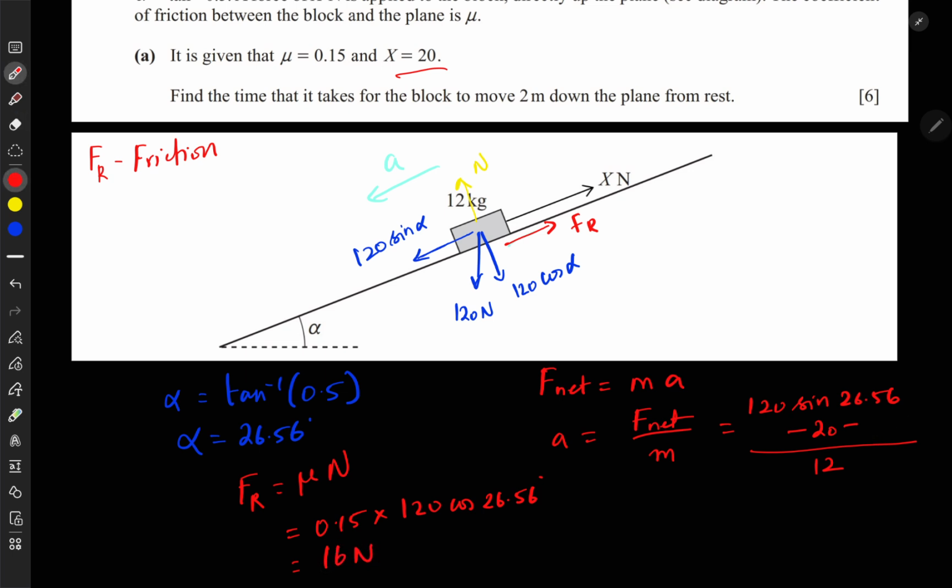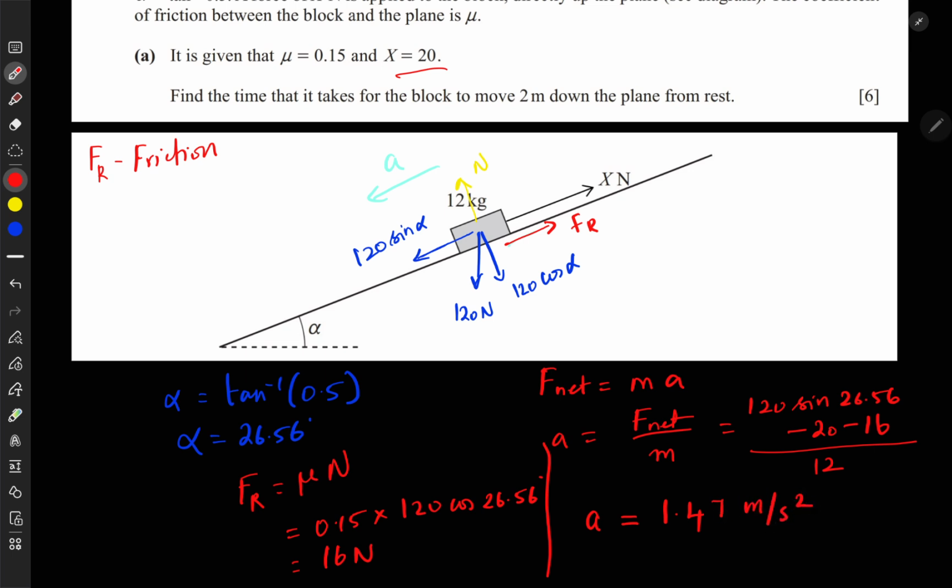If you calculate the acceleration: 120 sine 26.56 minus 20 minus 16, which is 36, divided by 12. So it's 1.47 meters per second squared.